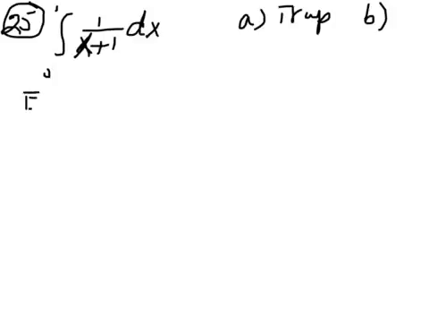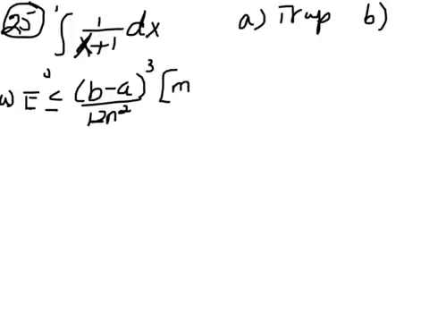The error for the trapezoidal rule is less than or equal to (b minus a) cubed over 12n squared, where b minus a are the upper and lower boundaries, and n is the number of divisions we would make if we actually drew these trapezoids out and solved it the long, hard way. And then we multiply it by the maximum of the absolute value of the second derivative.